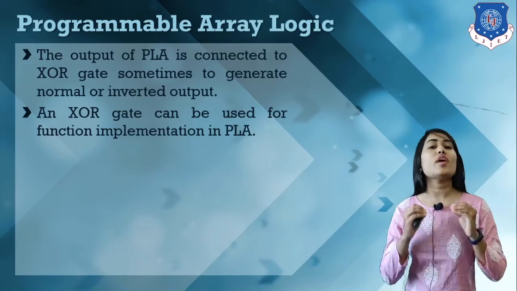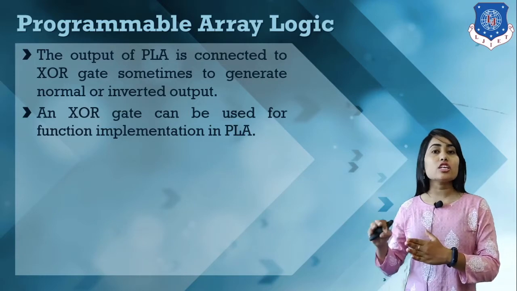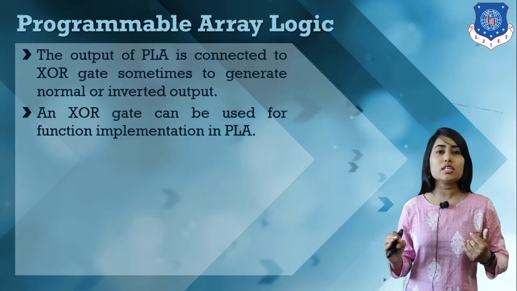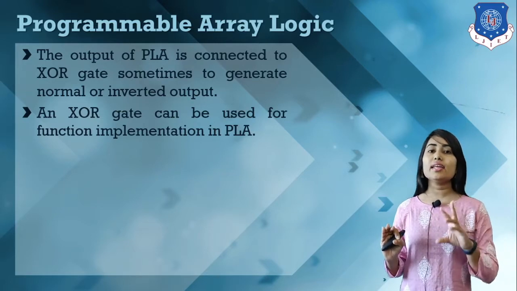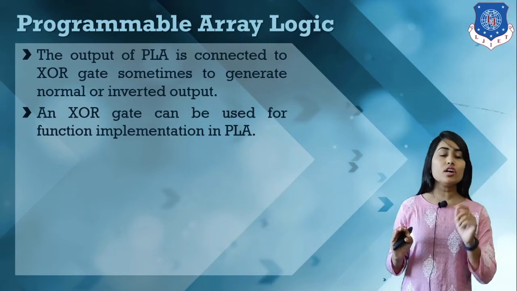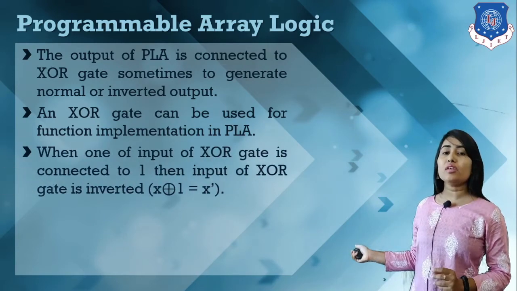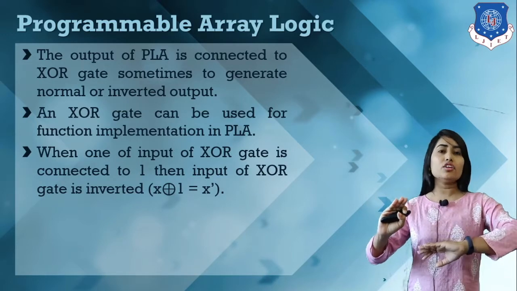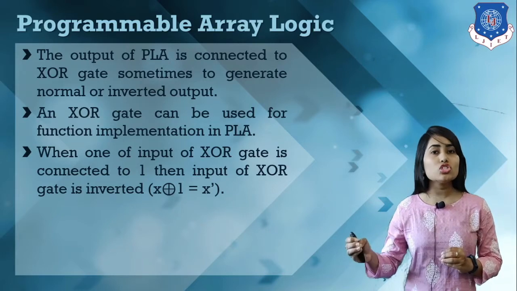So whenever we apply XOR with 1 as an input and another input in either a normal form or a complemented form, we have a complemented output. And whenever we have 0 as one input and the other input is some value X, we have a no change condition.